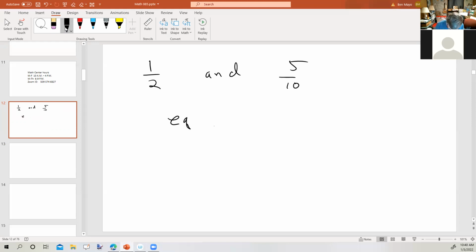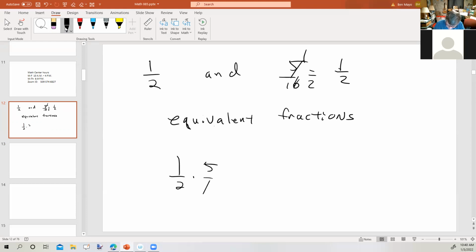They are called equivalent fractions. So 1/2 is equal to 5/10. In fact, we could take 5/10 and reduce it down to 1/2. Or we could take 1/2 and build it up to 5/10. Okay.